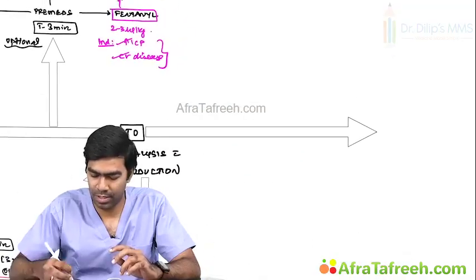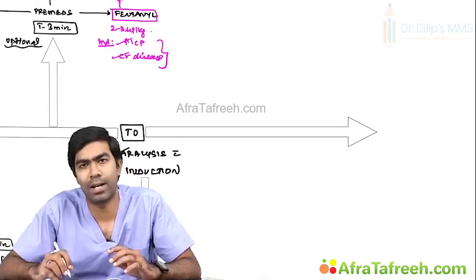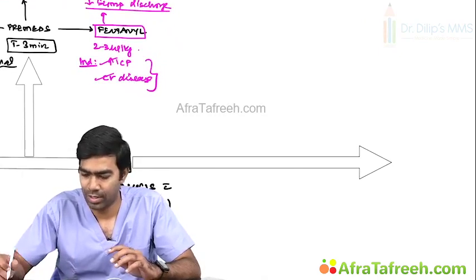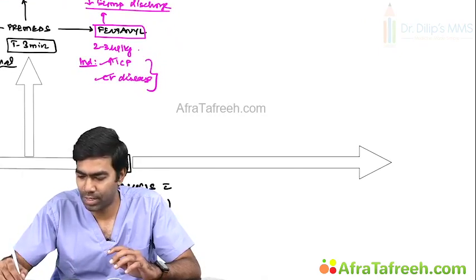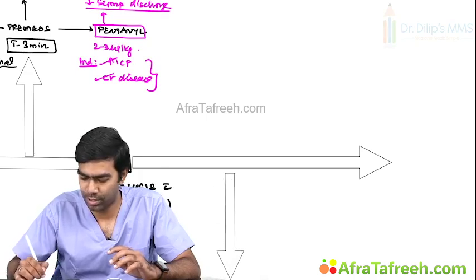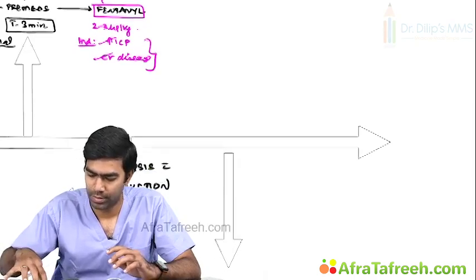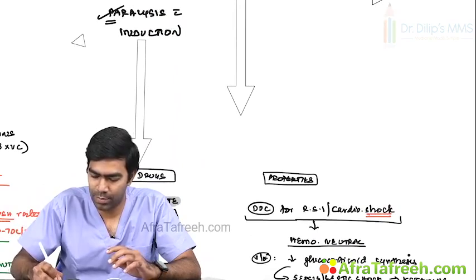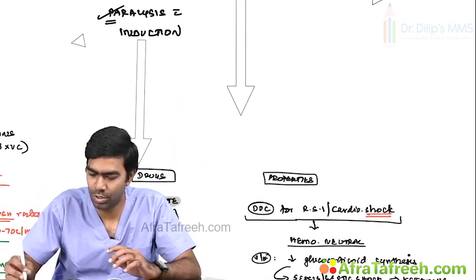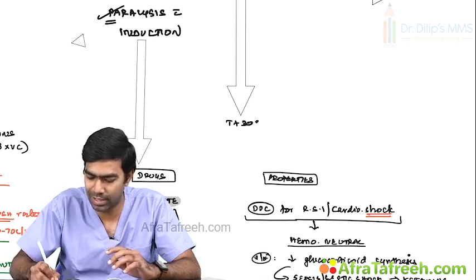Now we have finished this T0, that is paralysis and induction. So now we are moving on to the next one, that is positioning. Sixth P, that is positioning. So usually we do the positioning at T plus 30 seconds.